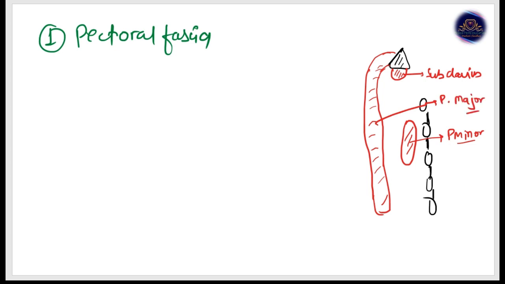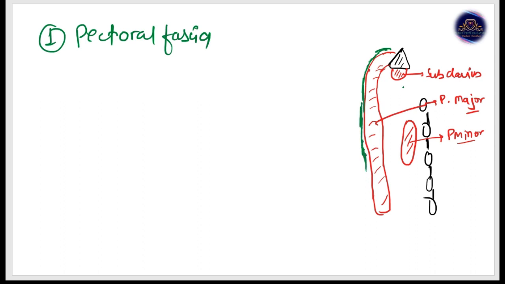Okay, understand? Now see, a fascia. Now understand what is pectoral fascia. The fascia covering the anterior aspect. Pectoral fascia is the covering of the anterior aspect of the pectoralis major muscle. So this is the anterior aspect.